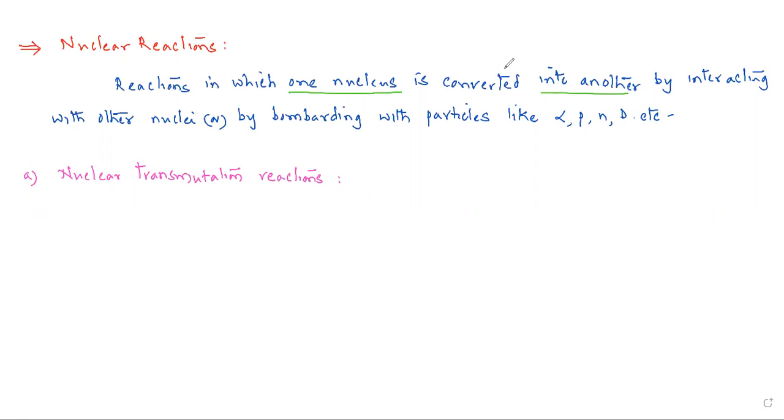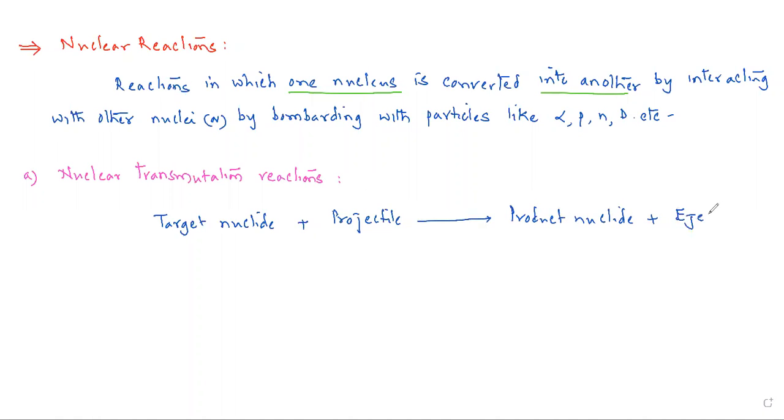See, these are the reactions in which a target nuclide, by bombarding with some particles, also known as projectiles, is converted into a product nuclide along with a new particle called ejectile.